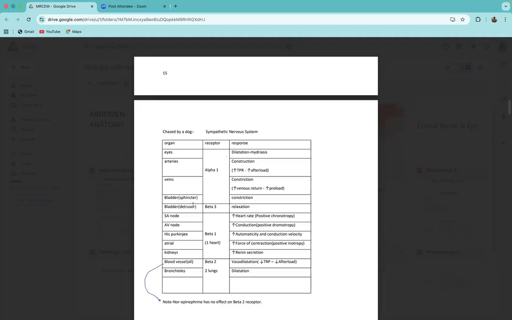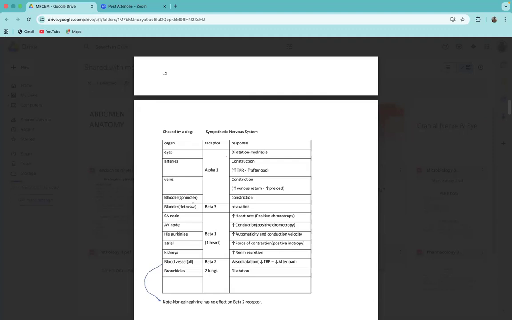In case of the SA node and AV node, we have already seen that due to the parasympathetic effect, there were negative chronotropic and negative dromotropic effects. But now, as we are seeing the sympathetic effect on the SA node, AV node, and Purkinje fibers, there will be positive chronotropic and positive dromotropic effects through the beta 1 receptor.